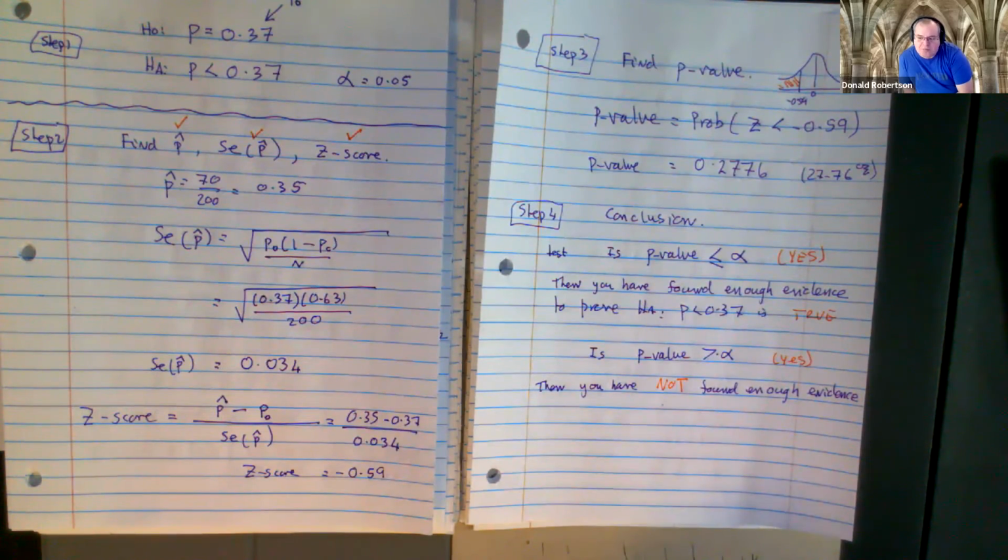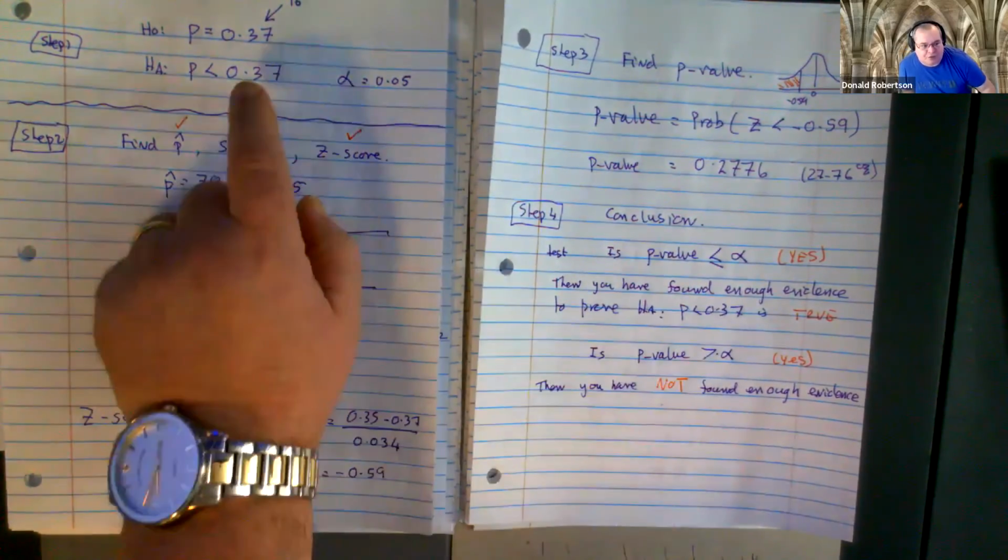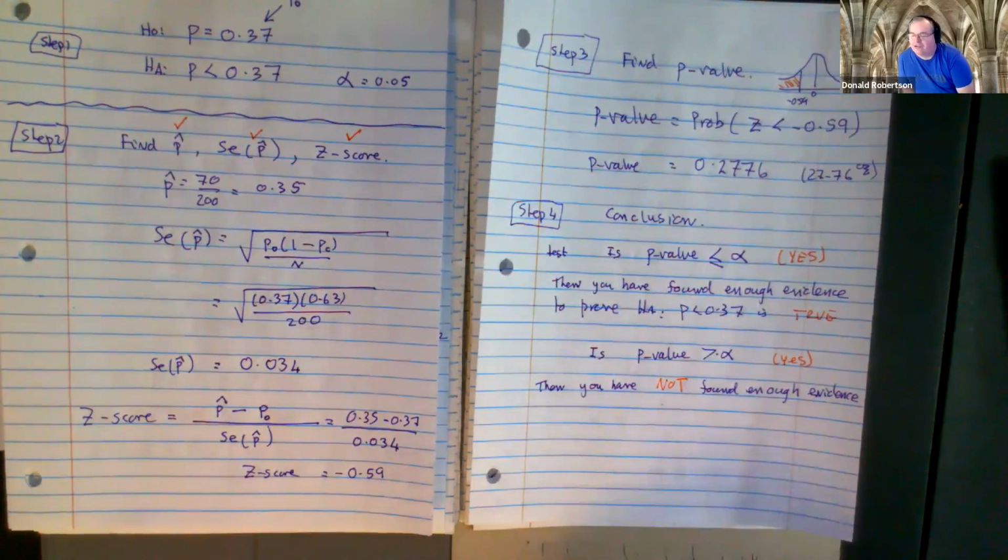Does not guilty mean that the guy's innocent? Could it also mean that he did the crime, there just wasn't enough evidence to prove that he did the crime? That's a slightly different interpretation. That's what this means. We don't know if that's true. There's just not enough evidence to prove that it's true.